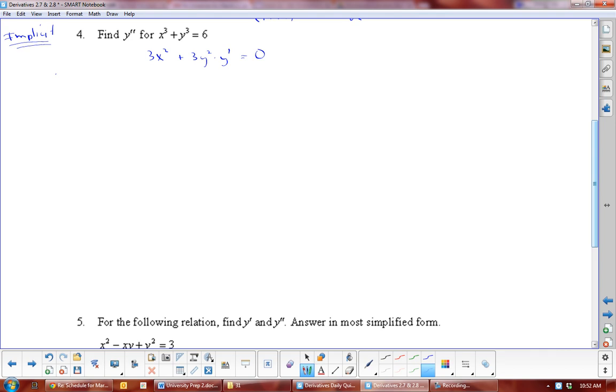Okay, what do we always need to do? Isolate y prime. So 3y squared y prime equals negative 3x squared. y prime equals negative 3x squared over 3y squared, which would equal negative x squared over y squared.